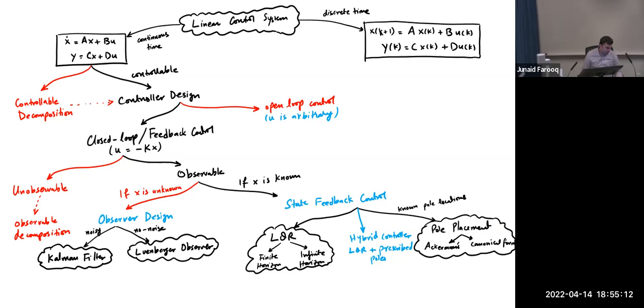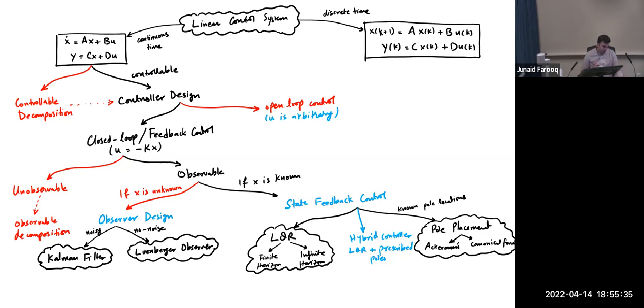All right, so basically what you could do is we combine the observer and state feedback controller in different forms.